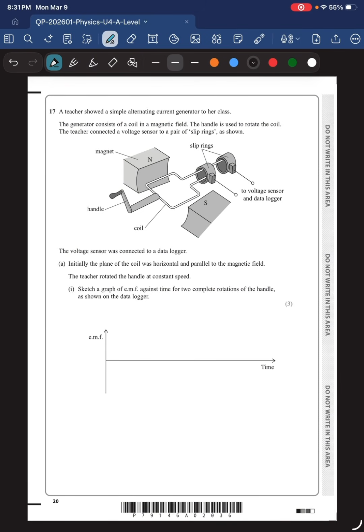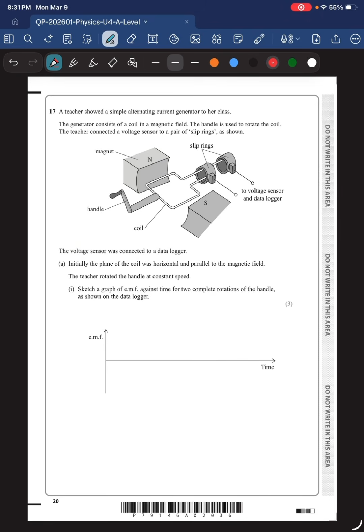The voltage sensor was connected to a data logger. Initially, the plane of the coil was horizontal and parallel to the magnetic field. The teacher rotated the handle at constant speed. Sketch a graph of the electromotive force against time for 2 complete rotations of the handle as shown on the data logger. Okay, so we start with maximum emf, right? I'm going to explain in a moment why.